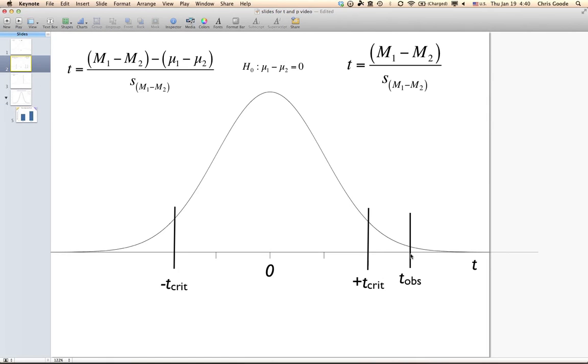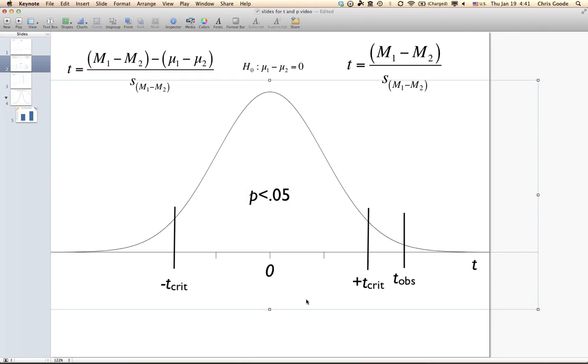How unlikely is it? Well, we don't know. All we know is that it's less than whatever we set alpha at to arrive at these critical values for t. I said earlier that it was 0.05. So we know now that p, for this calculated value for t, is less than our alpha value, which I said again was 0.05.